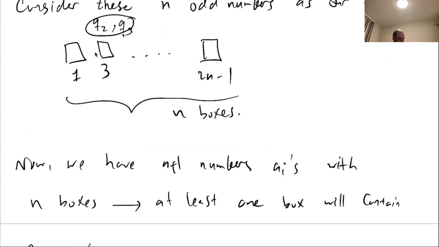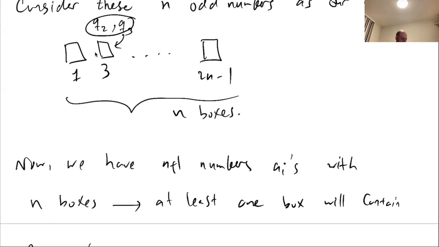Then that means this box, which is 3, has the name of 2 QIs, meaning that Q2 and Q3 are both 3, which means that Q2 is equal to Q3, right? So if I have one box with the name of at least 2 QIs in it, it means at least 2 QIs are equal to each other, because the value of both of them is the same as the number of the box.